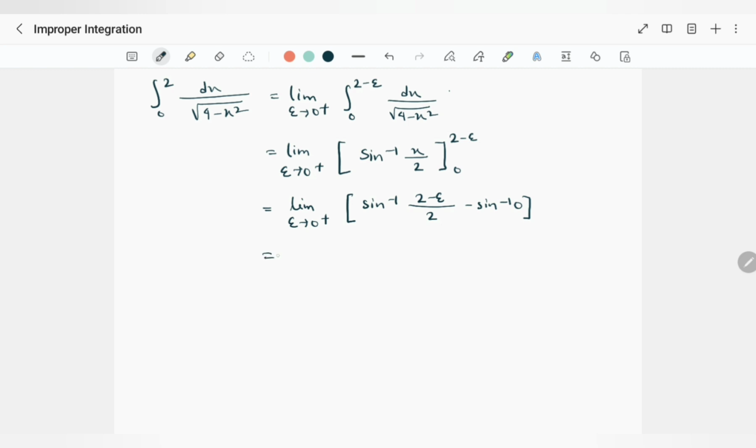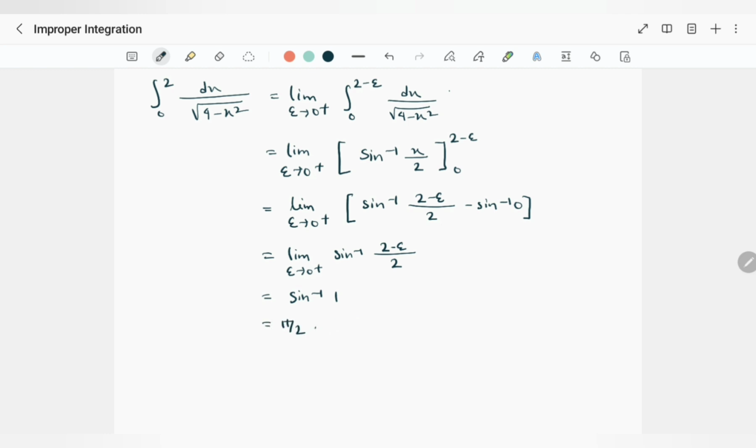Now sine inverse 0 is 0, so this is nothing but limit epsilon tends to 0 plus sine inverse of (2 minus epsilon) by 2. Now when epsilon tends to 0, this part is 0, so this is sine inverse of 2 by 2, which is sine inverse 1. Now the value of sine inverse 1 is pi by 2.